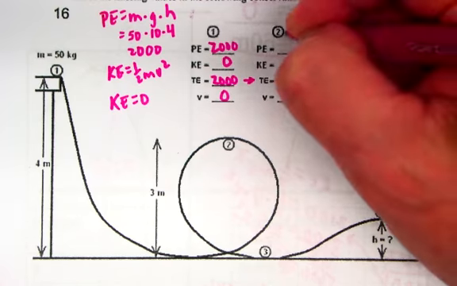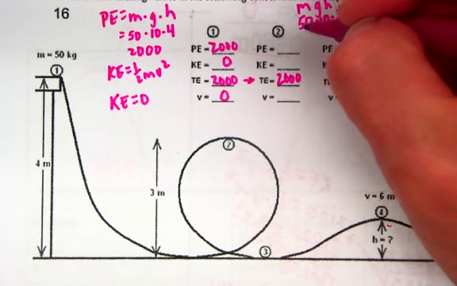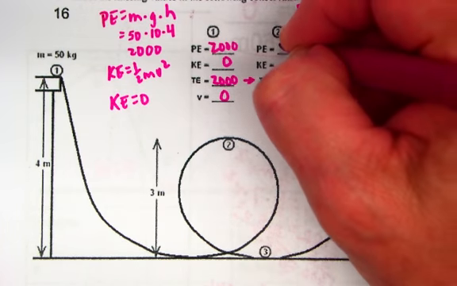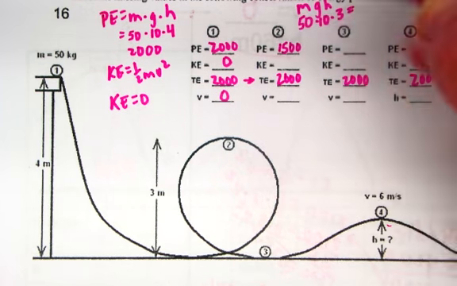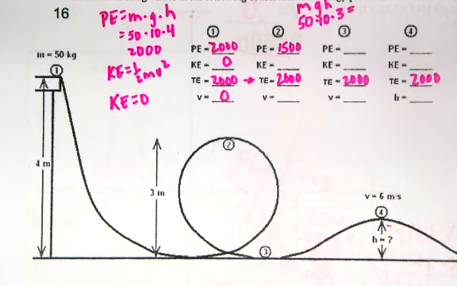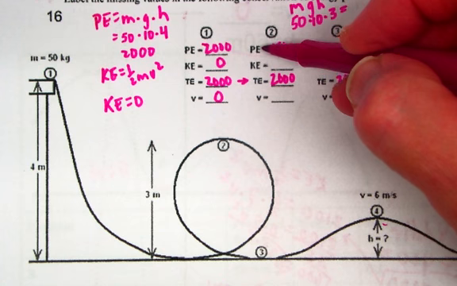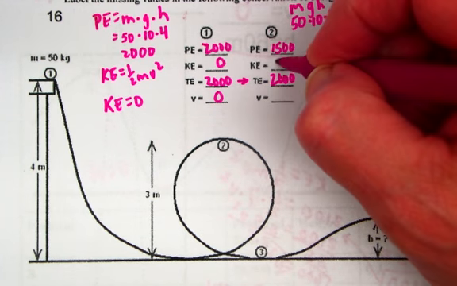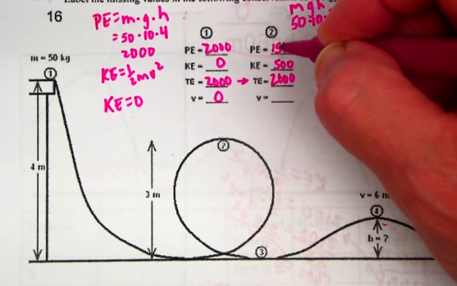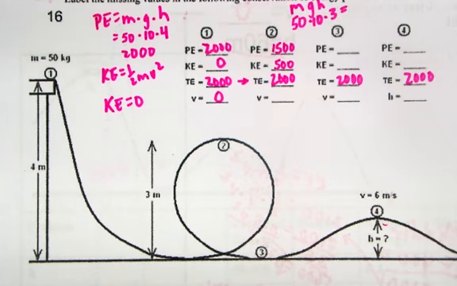So my potential energy here at position 2, 5 times 3 is 15, plus 2 zeros, gives me 1,500 joules of potential energy. If PE plus KE equals TE, then this KE must be 500. So when these are added together, I get 2,000.